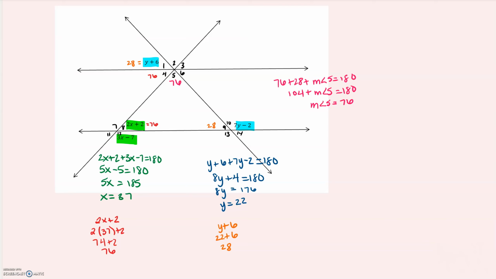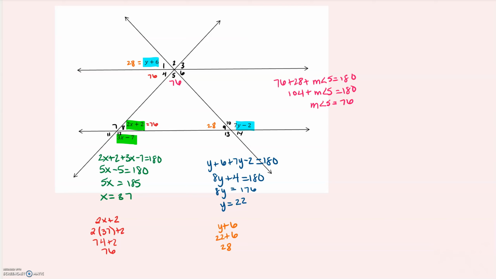Now, since I only care about what the inside of the triangle is, I only put that 37 for x in for angle 8 inside the triangle, and I got that it was 76 degrees. Because I know that angle 8 is 76 degrees, I also know that angle 4 is 76 degrees because they are alternate interior angles. And I called that pretty good.